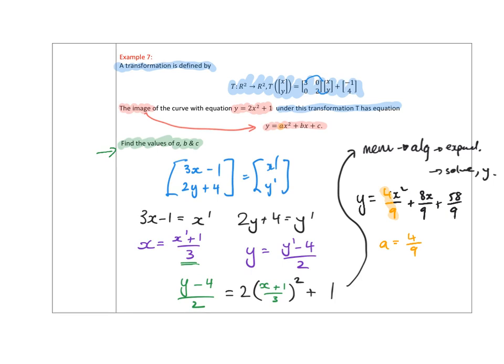Our coefficient of x, which is labelled b in the question, we found to be 8 over 9. And so we conclude that b equals 8 over 9. At this point, I'm hoping you can see that our final value of c must be 58 on 9. Now this question can certainly be done by hand, although the algebra can be quite arduous, and it's what we might expect to be on a calculator active question.